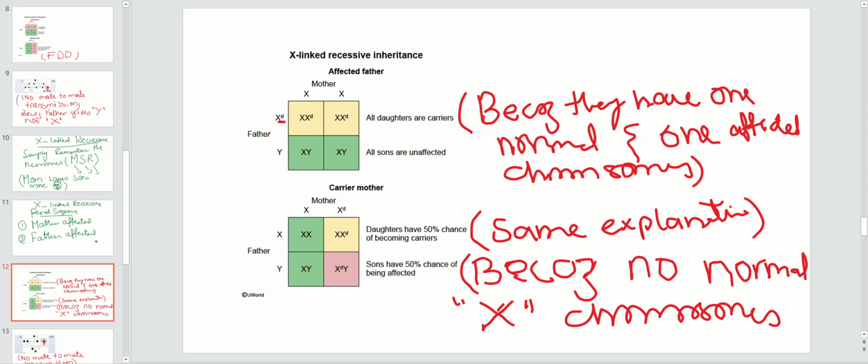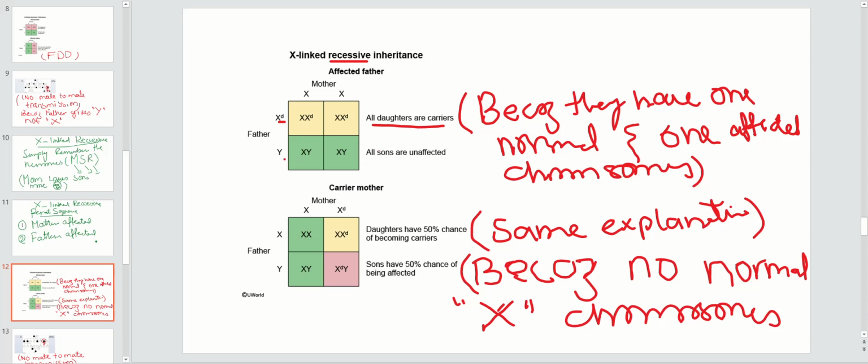But what will happen is that the father will give the X disease chromosome to the daughters. So all daughters are carriers. That is what I explained to you earlier. That recessive means all the daughters will be carriers, right? All the daughters will be carriers. So now all the sons are unaffected, right?